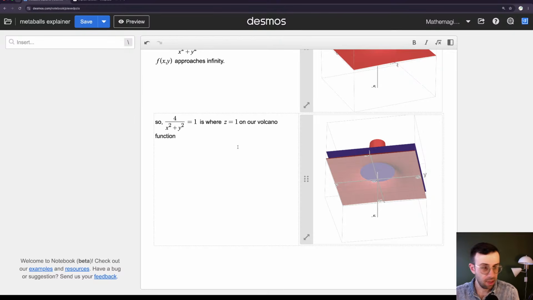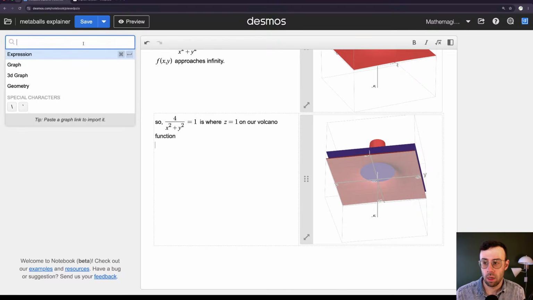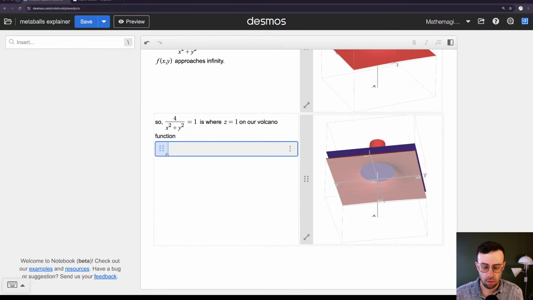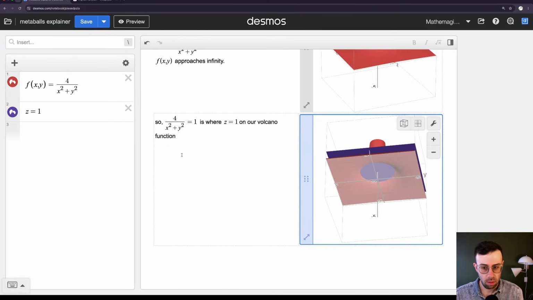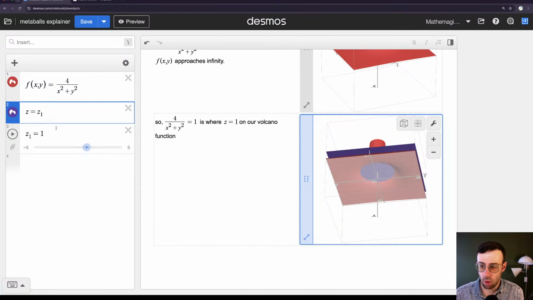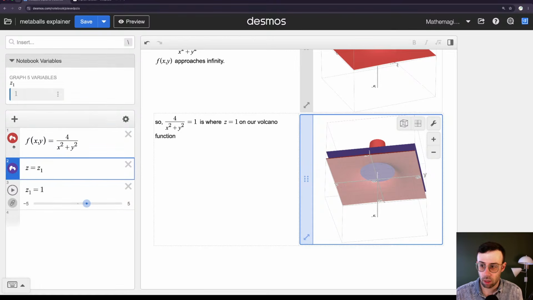Can I add a slider into here? Okay, this is the first time I'm adding a variable into my notebook. So let's insert an expression. Or you know what? Let's name something Z1. And I kind of like clicking this to connect it to the notebook.